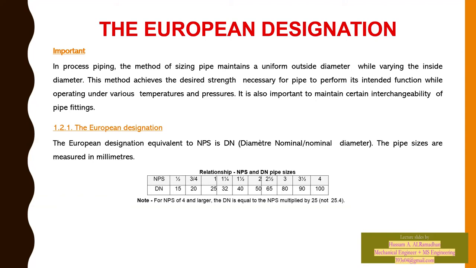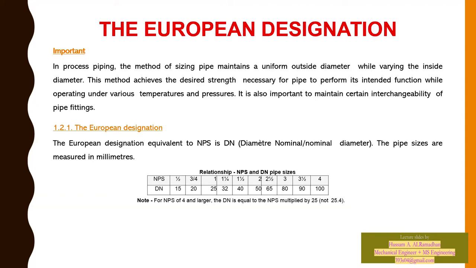European designation is the method of pipe sizing maintaining a uniform outside diameter while varying the inside diameter. This method achieves the desired strength necessary for the pipe to perform its intended function while operating under various temperatures and pressures. It's also important to maintain certain interchangeability of the pipe fittings.